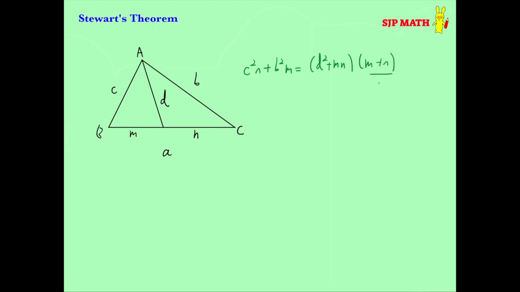You can always put an a here, because m plus n is a. There's not much difference; it means the same thing. So that is the theorem.